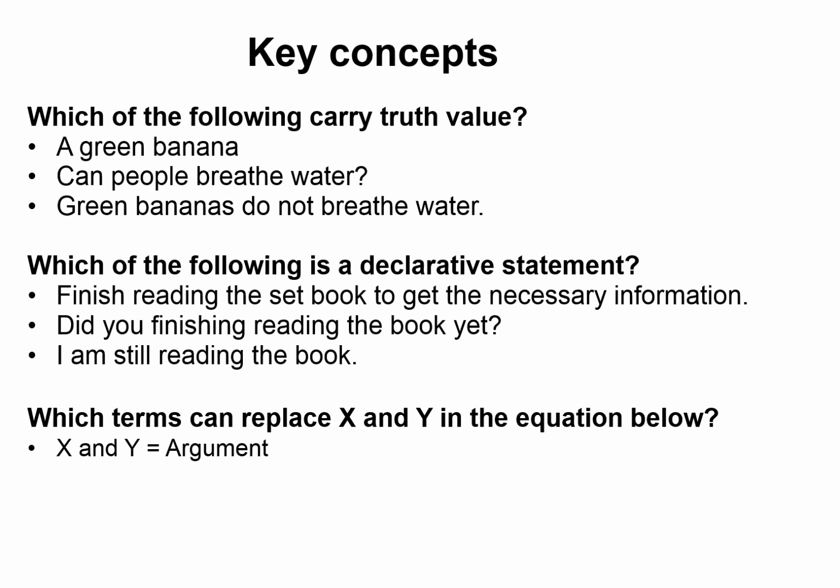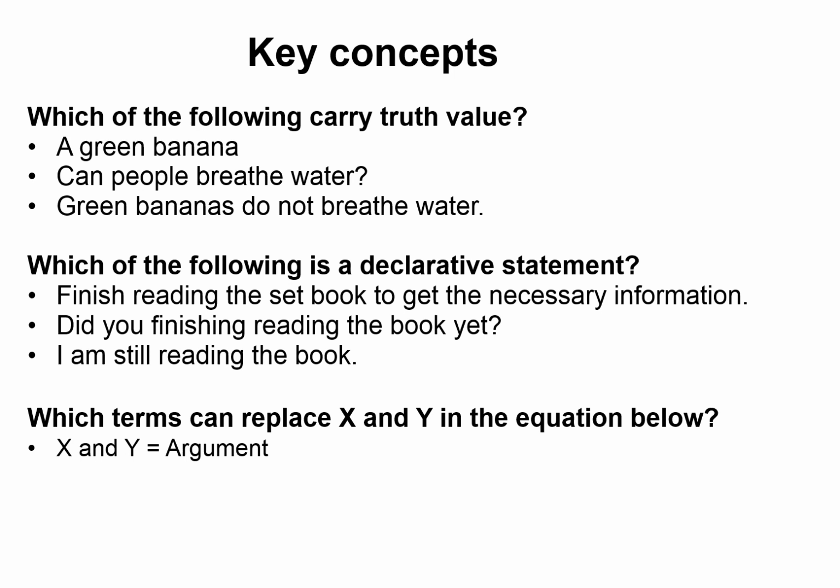The second group, which one's a declarative statement? Well, we know green bananas do not breathe water is a declarative statement. Why? Because it's not a question, it's not an order, it's got a subject, and it's got a verb. Let's look at the ones. Finish reading. Well, that's an order, isn't it? Hey, stand up, sit down, finish reading. So it's not a declarative statement.